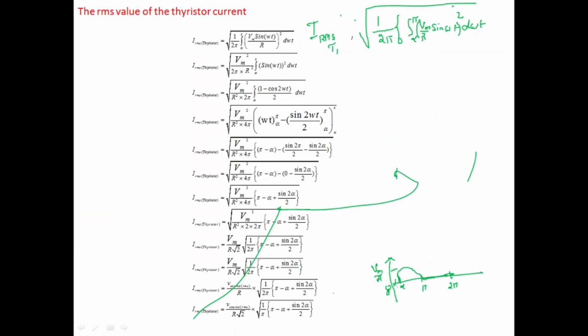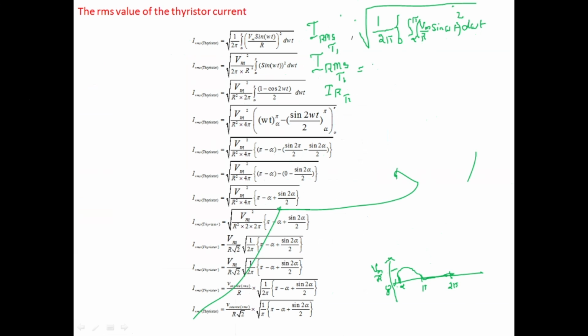So what is the final formula I am saying here? In the textbook it is called I RMS of T, or you can call it I RMS of T1, or some textbooks write it as I R of T1.